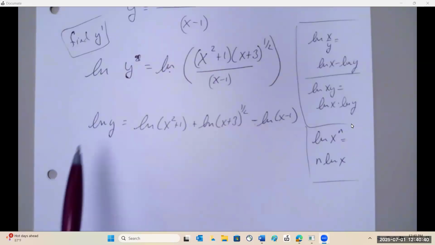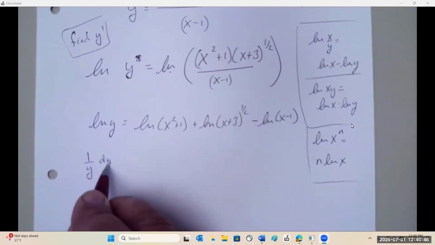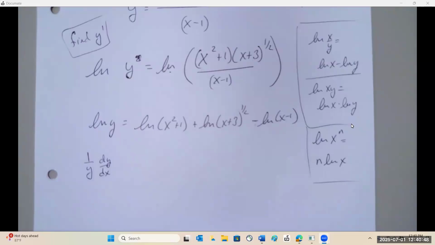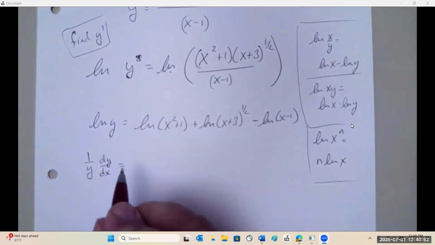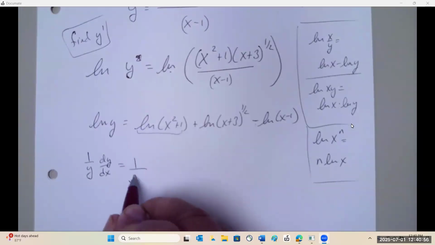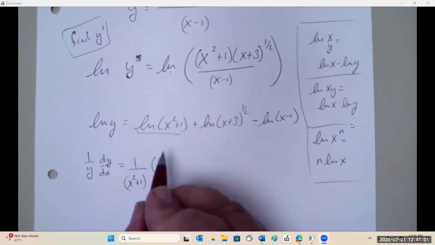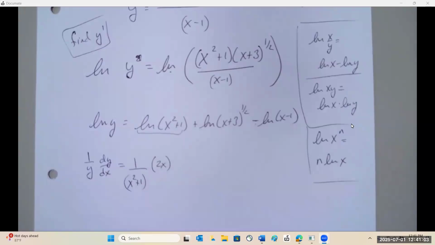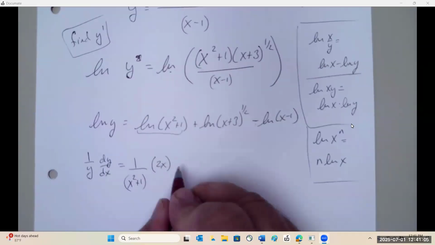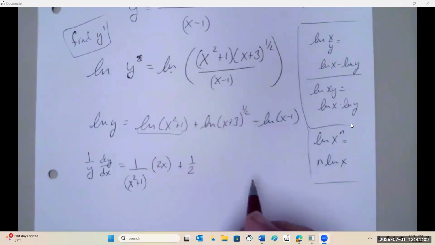What's the derivative of ln y? 1 over y dy dx. The derivative of the first one is 1 over x squared plus 1 times the derivative of x squared, which is 2x, plus the coefficient comes out in front.